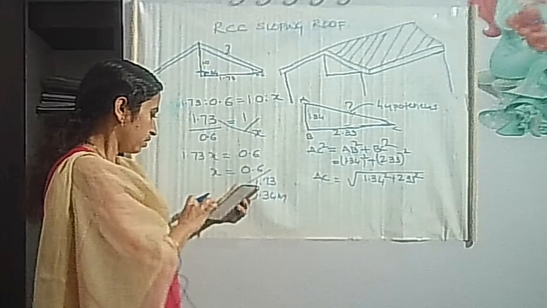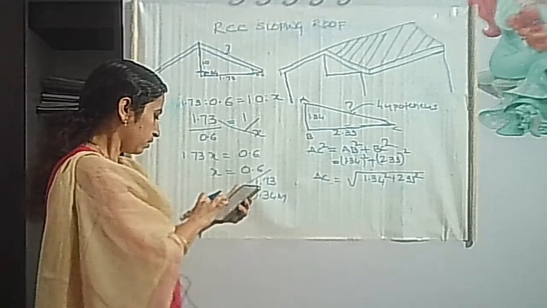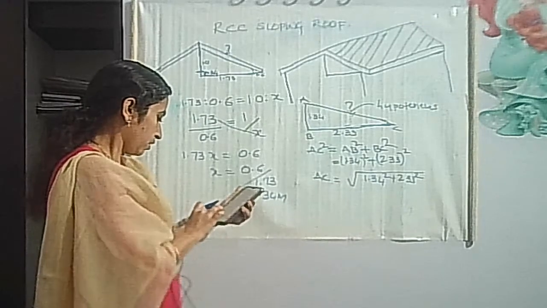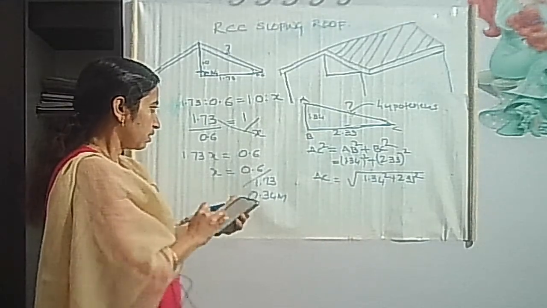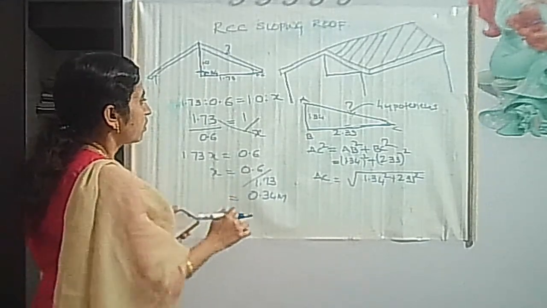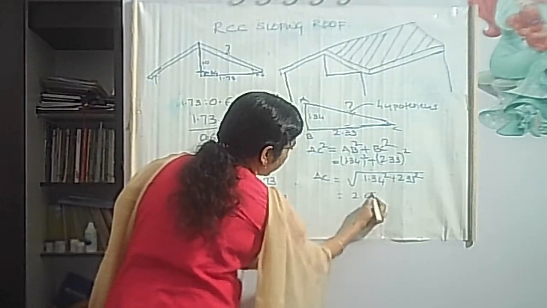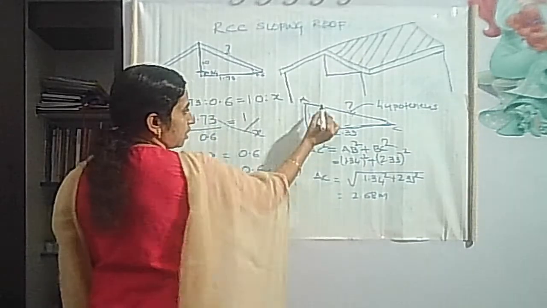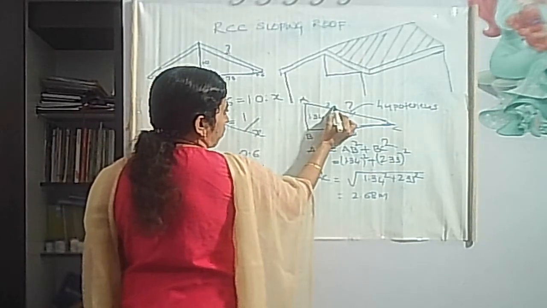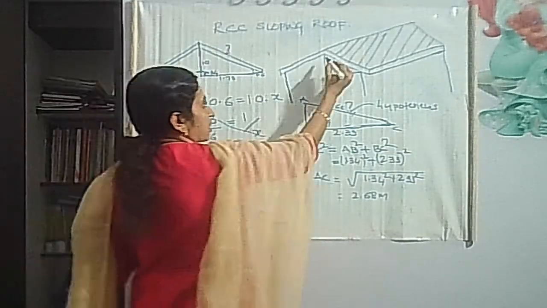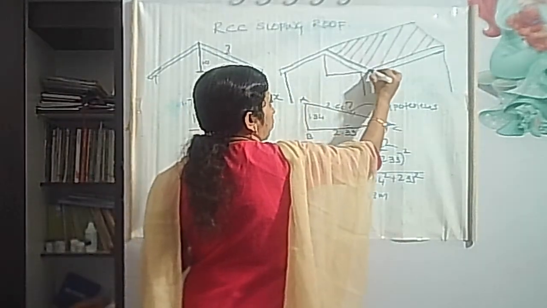Root of 7.22. So, this will come around, that is equal to 2.68 meters. So, this will be 2.68. So, we have got this distance as 2.68.